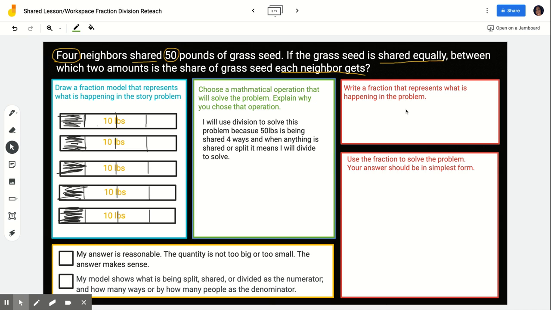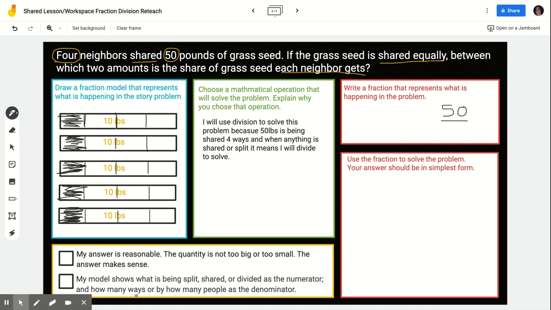Next step says write a fraction that represents what is happening in the problem. So what is happening in the problem? Again, I'm going to go down here and use this reminder. My model shows what is being split, shared, or divided as the numerator. So that means on top, I'm going to write what is being shared. Here, 50 pounds of grass seed is what is being shared.